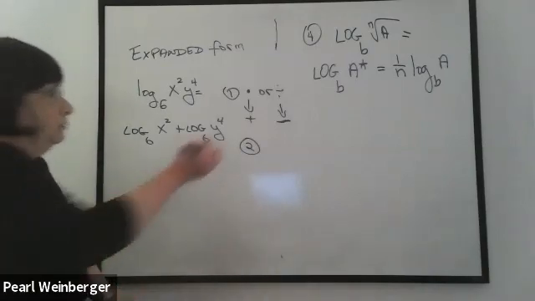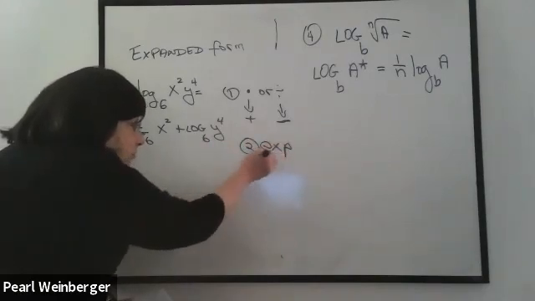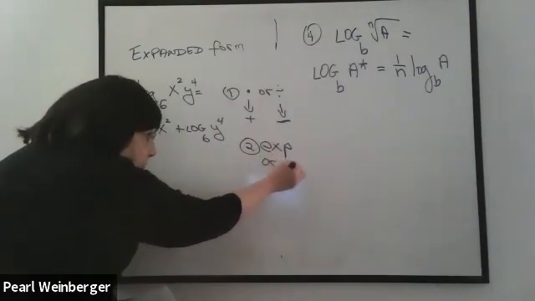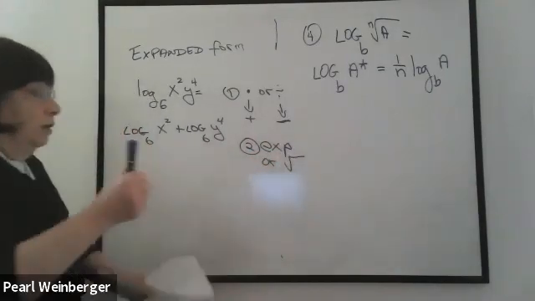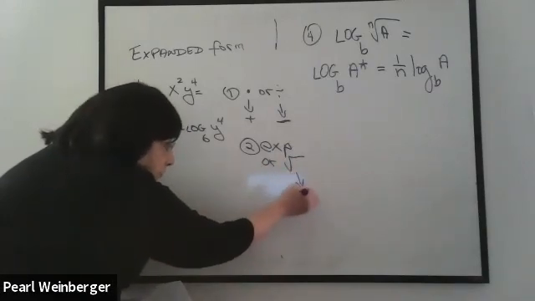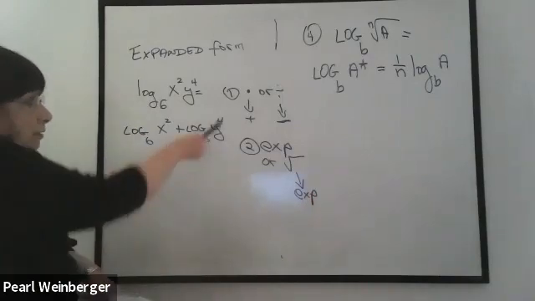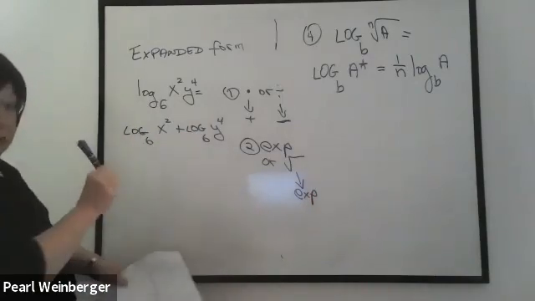or if they're exponents. So the next thing I look for is exponent or radical. If it's a radical, you change that to an exponent. I don't have any radicals here, but I do have exponents.